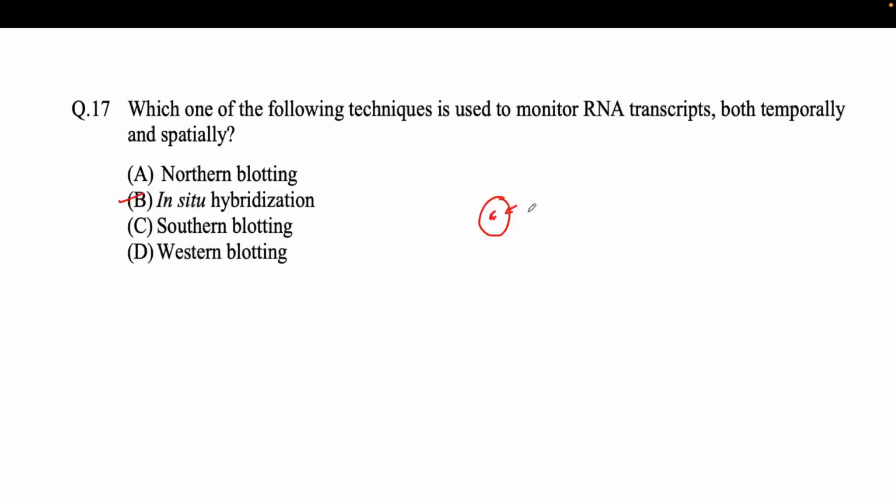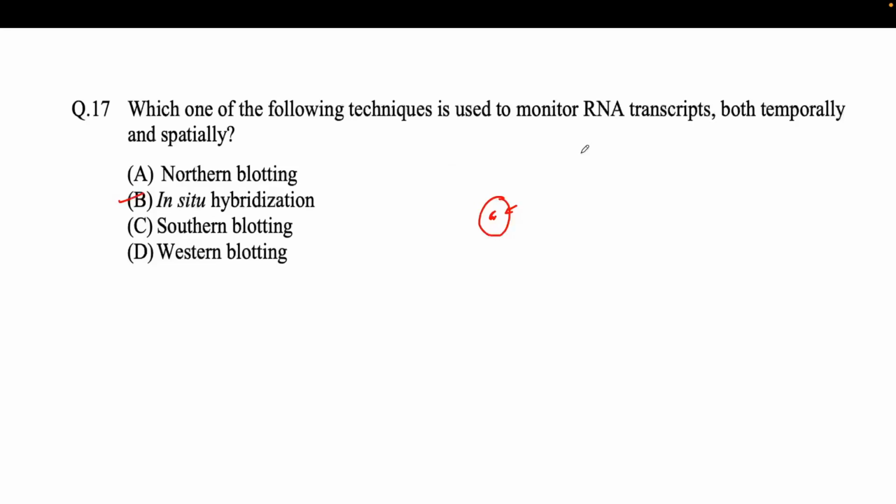That signal you will identify by autoradiography, chemiluminescence, or fluorescence, and by looking at the position where the fluorescence is coming from, you can tell exactly where it is at a particular time period. This can be done by in situ hybridization, and through in situ hybridization you can only identify nucleic acid samples, not protein samples.